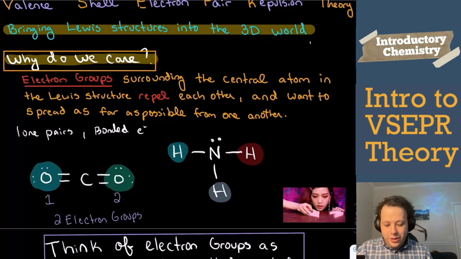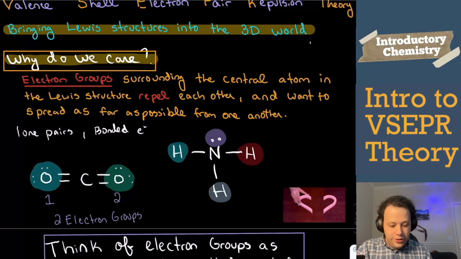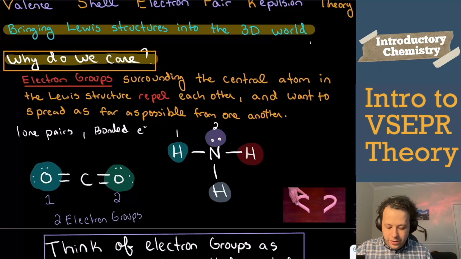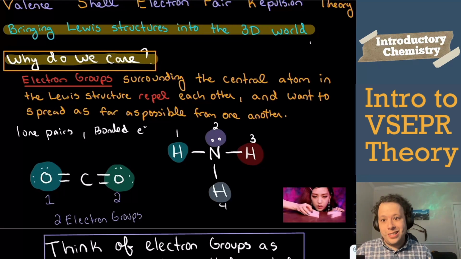But we can't forget, we also have to count the lone pair because it is also its own unique group. So we have one, two, three, four groups all around that structure.